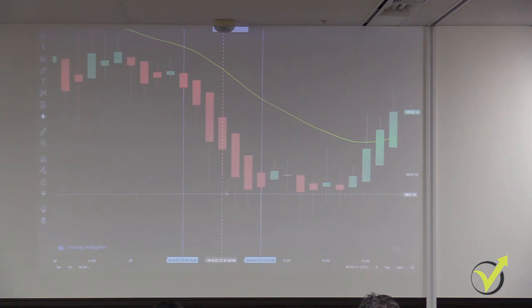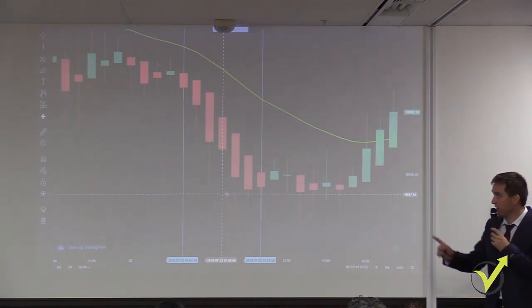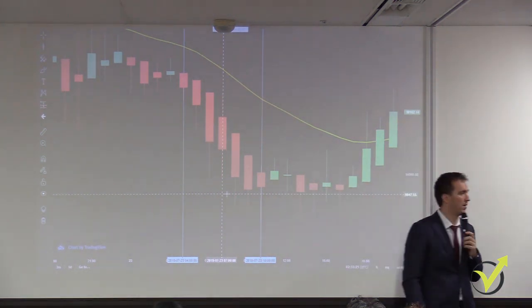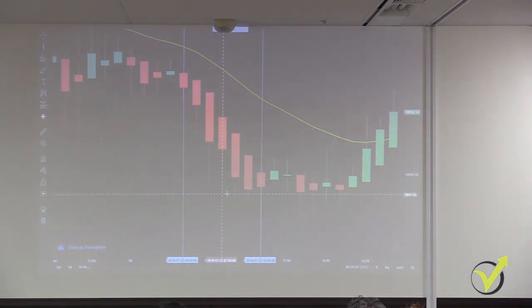Okay, if the price goes against us, I will take this loss if I see green on 1 hour, or I reach 2% loss from my account, and then I close the position.